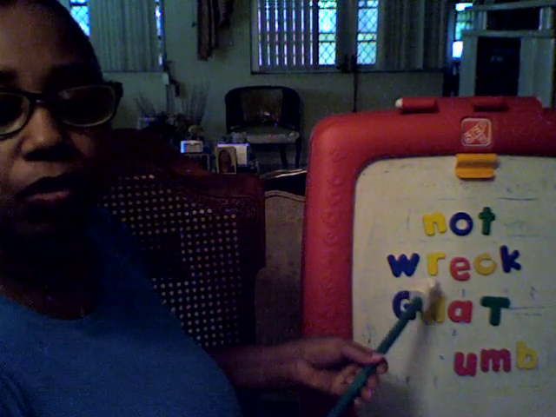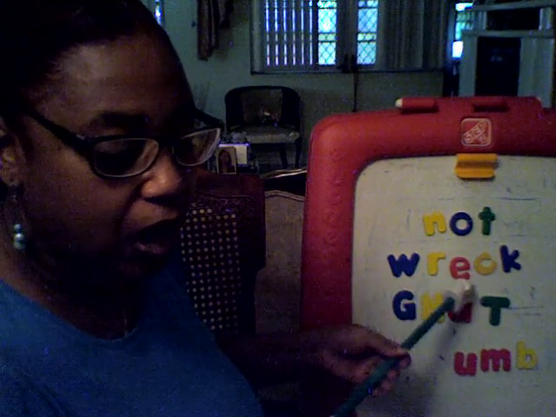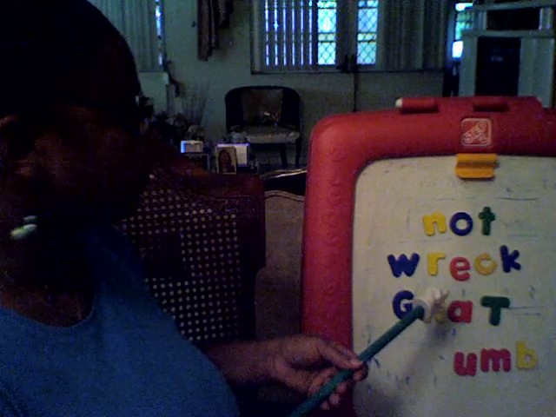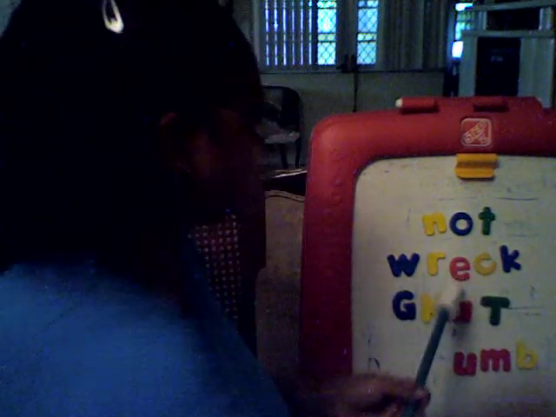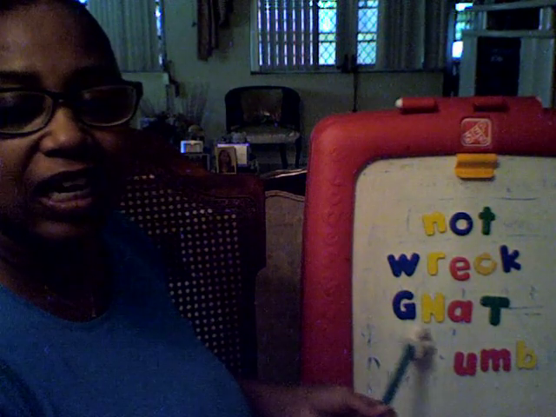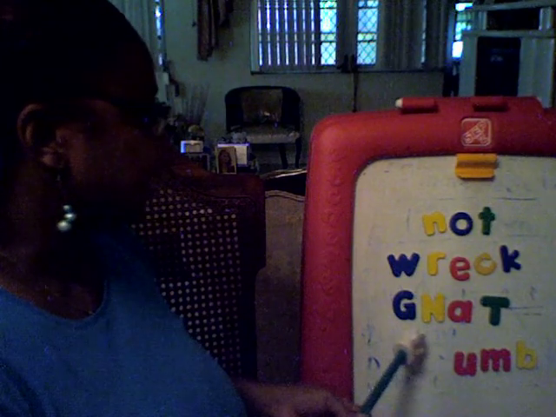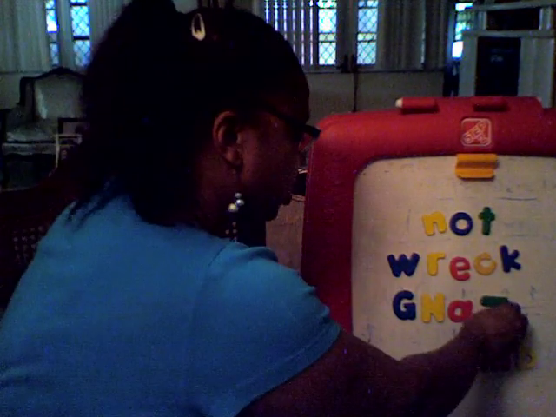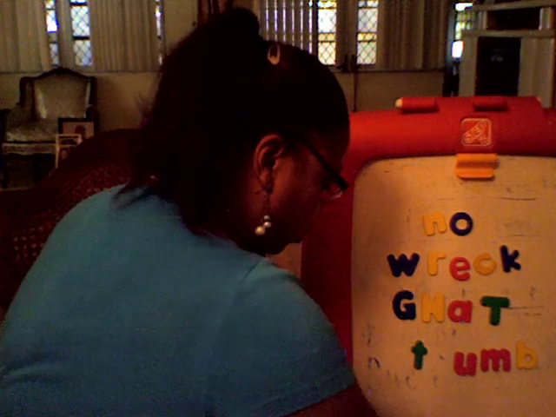We hear the R in wreck. Okay? Wreck. All right? And then we have the GN. We don't say gonna, we say gnat. Gnat. Even though you see the G.